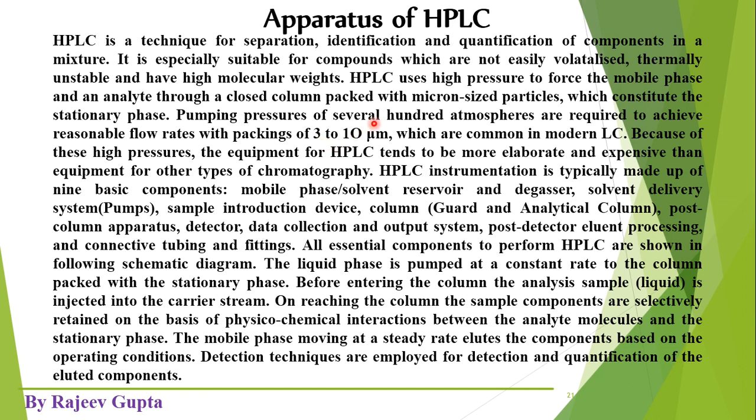So to flow the liquid or mobile phase through this column, we have to apply very high pressure, almost several hundreds, means 200 atmosphere, 300 atmosphere, or 400 atmosphere, like this. So at very high pressures, this mobile phase could flow inside this stationary phase or inside this column.